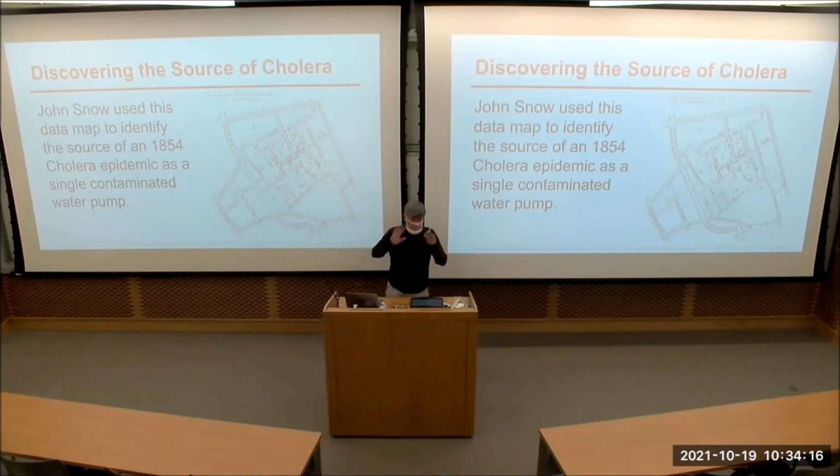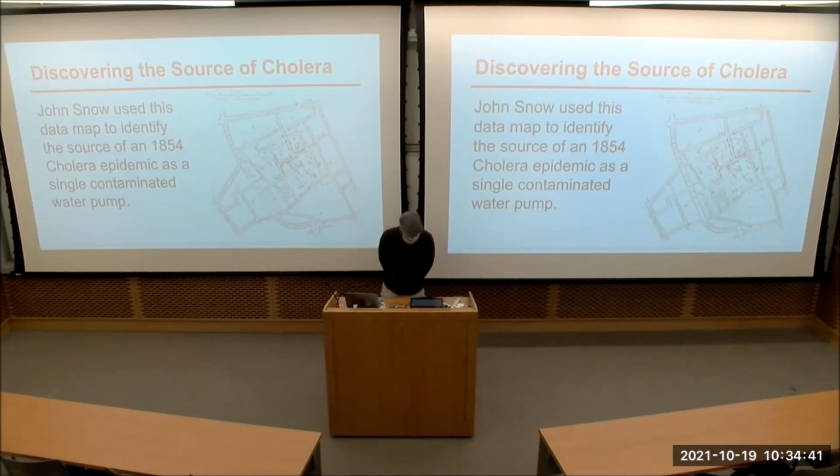Cholera was a big problem in cities in England in the 19th century, and is still a problem in certain parts of the world. And no one really knew what caused it or how you could fix it. But there was an outbreak of cholera in London.